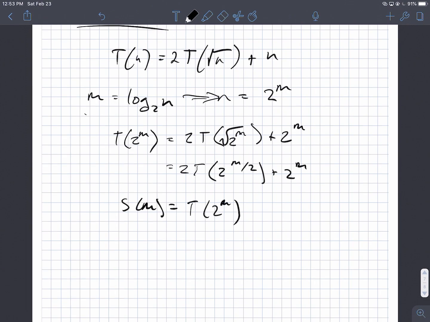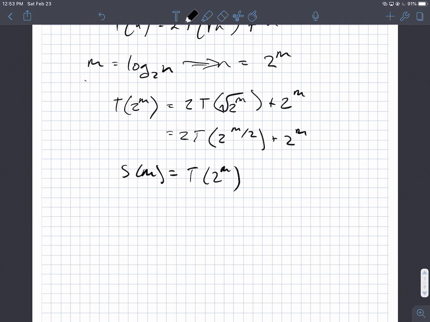This S of m can be anything; S is just the convention. Now I substitute this in. Anywhere I see T of 2 to the m, I just plug in S of m. So S of m equals 2 S of m over 2 plus 2 to the m.